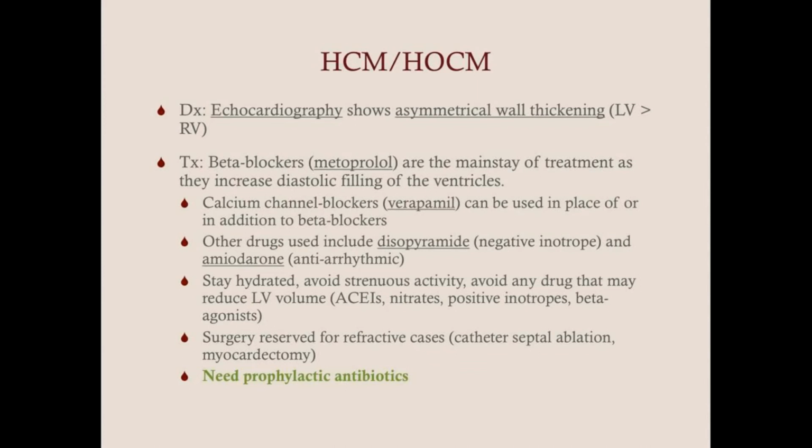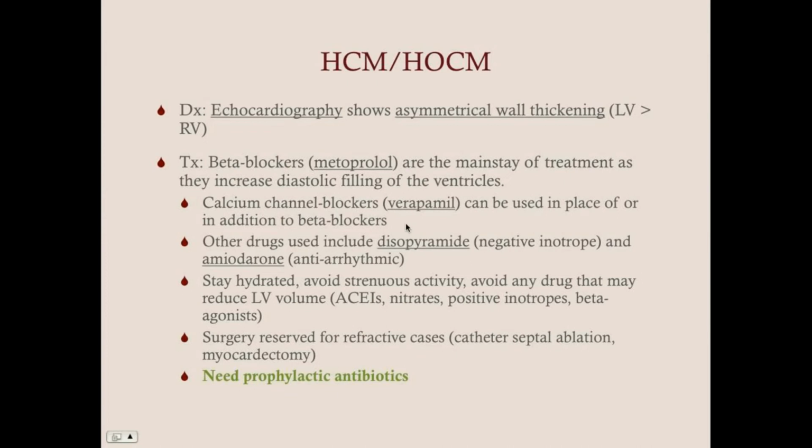And that's going to help us both in hypertrophic cardiomyopathy, where we want to increase our cardiac output, and in hypertrophic obstructive cardiomyopathy, where we not only want to increase our cardiac output, but we want to reduce the obstruction. So beta blockers are your drug of choice in hypertrophic cardiomyopathy and hypertrophic obstructive cardiomyopathy.